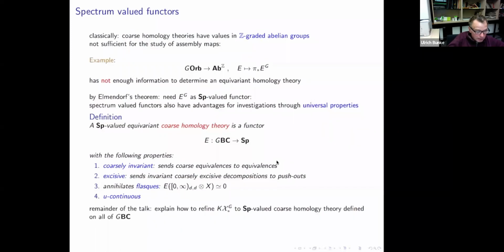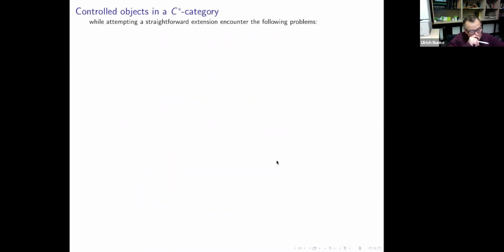Now, in the remainder of the talk, I will explain how we generalize the classical definition to a spectrum valued coarse homology theory defined on this big category, and how we introduce coefficients. Actually, both come in one thing. So let me start with the construction.